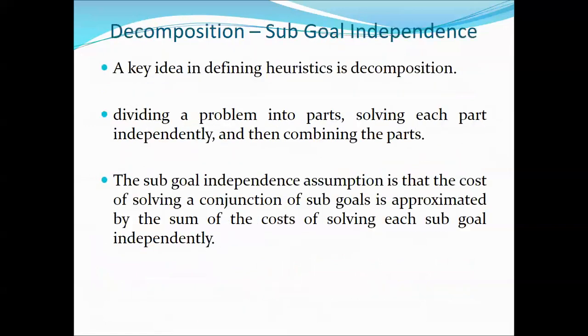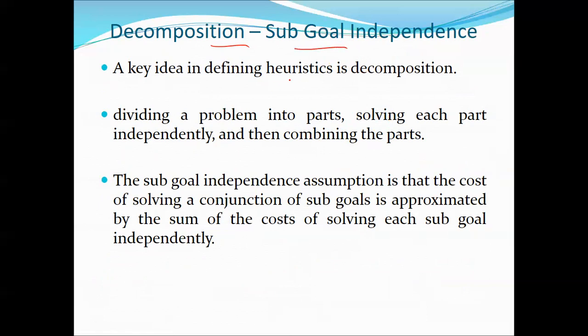The second method of identifying a good heuristic function is to decompose the problem. That is divide and conquer, which we have discussed. So basically decompose the problem into several small problems. But in that case, the small problems will have sub goals, and all these sub goals should be independent.